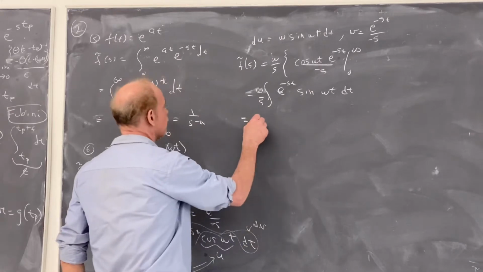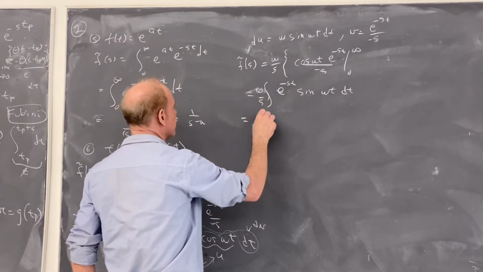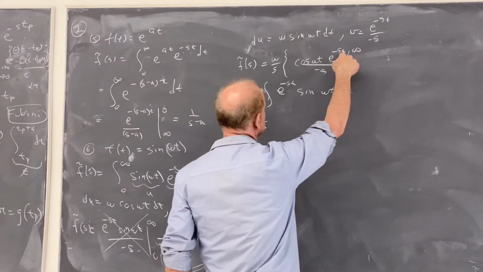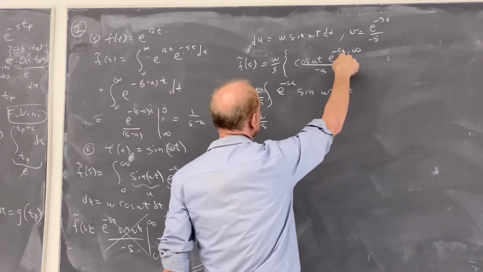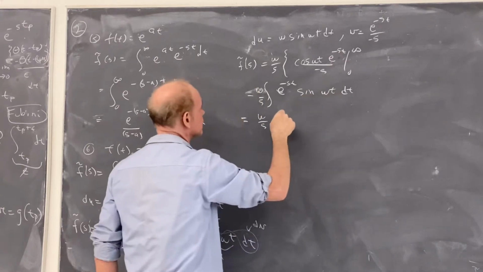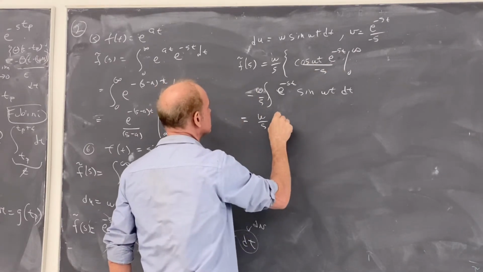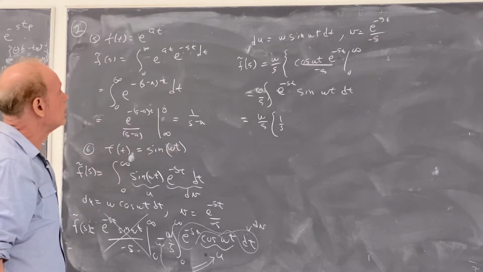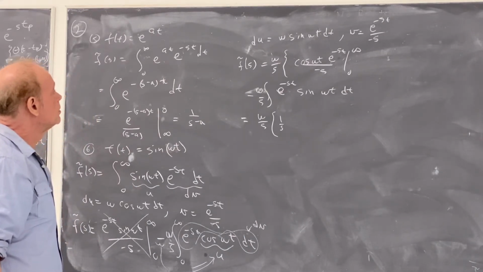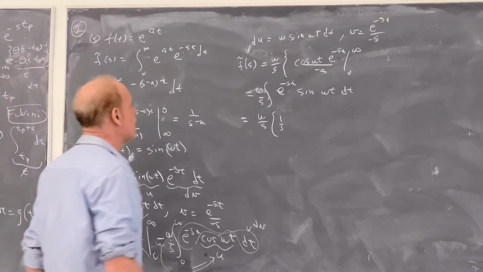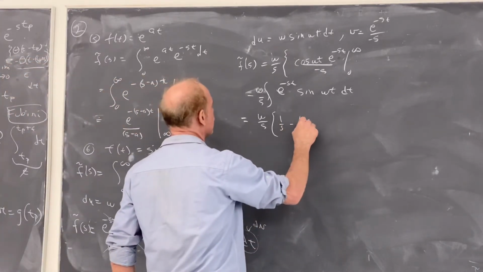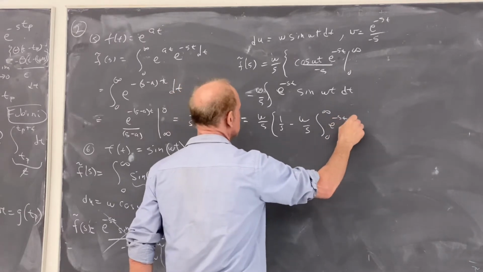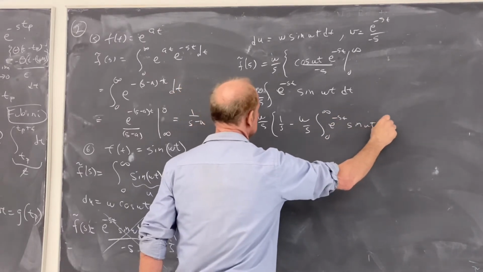So let's see. I have omega over s times, at infinity, this is 0. And at 0, this is 1 over s. So I've got 1 over s, if I did that right, 0, and minus omega over s times the integral from 0 to infinity of e to the minus st sine omega t.